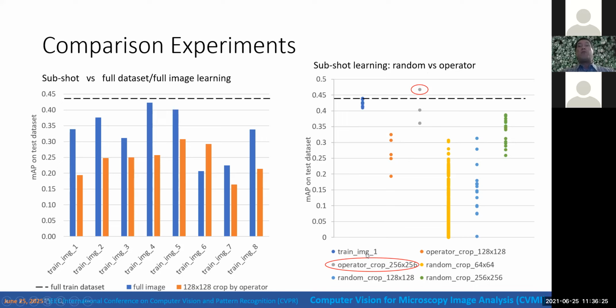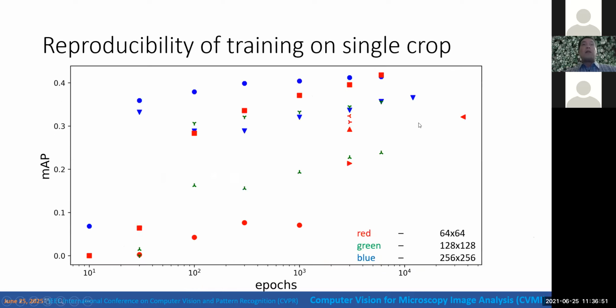Even more, if we let the operator use crops of larger size, 1/2 of the image, the crops can even outperform the full data set, whereas the full data set has, for example, 2 orders of magnitude more annotated objects than this crop. And the choice of crop seems to be very important.